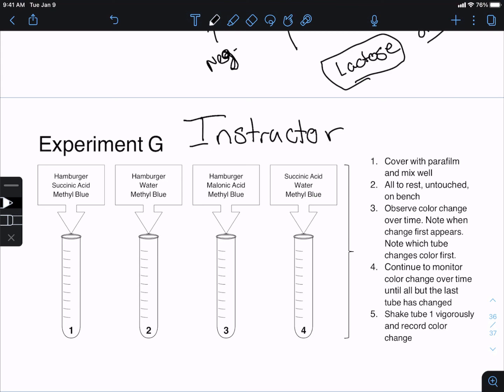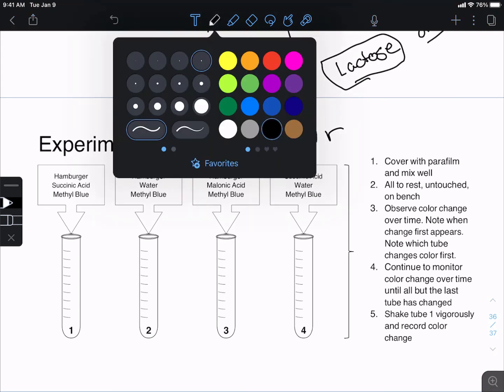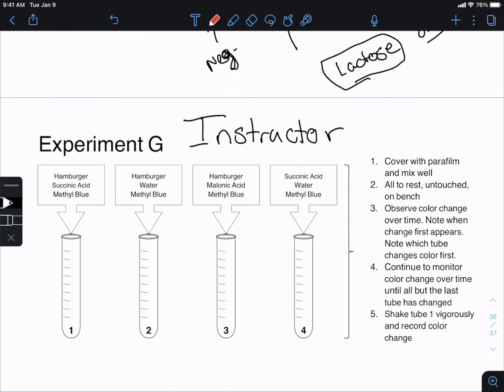So essentially, experiment G. Here's what I'm going to do. I'm going to take a chunk of hamburger. Yummy. It's actually going to be ground up hamburger shake. It looks really gross and delicious. So I'm going to put a chunk of hamburger into each of these test tubes, 1, 2, 3, and I'm going to try to do approximately the same amount of hamburger in each. But notice this one does not have any hamburger.